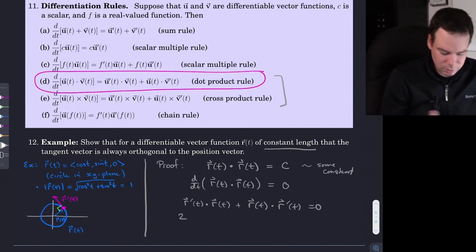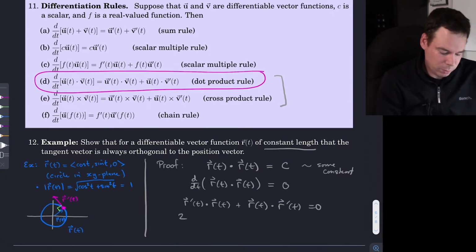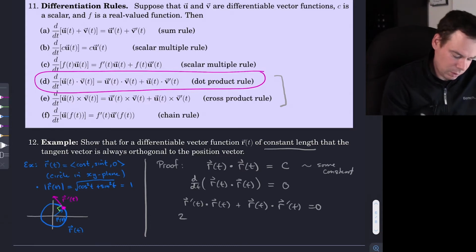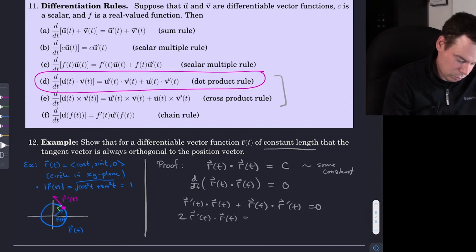Because of the commutativity of the dot product, we can dot r prime of t and r of t in either order. So this is really 2 times r prime of t dot r of t is equal to 0. Or in other words, dividing both sides by 2, r prime of t dot r of t is 0.